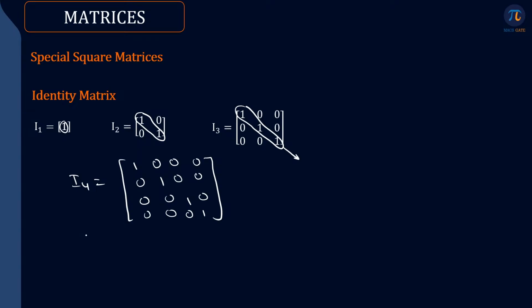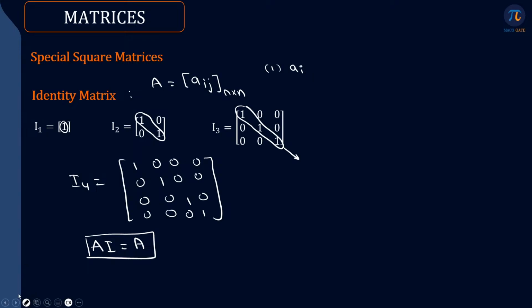What is the importance of identity matrix, sir? If you multiply a matrix with identity matrix, then the result is the same matrix. So that is the beauty of identity matrix. Am I clear? So if you want definition wise, it is like this. It is a square matrix with two conditions. What are the two conditions? Main diagonal elements are all equal to 1.